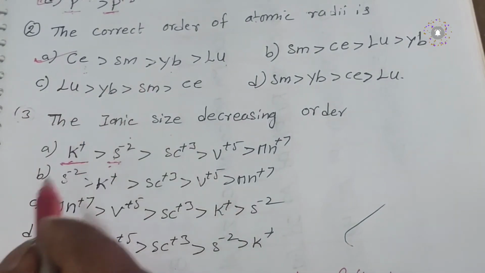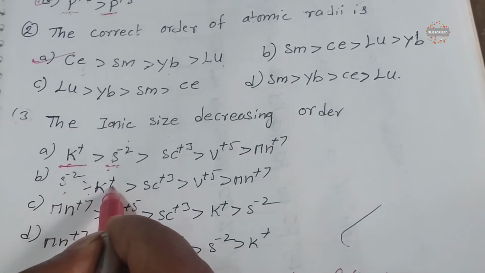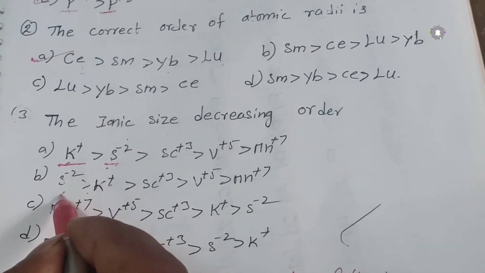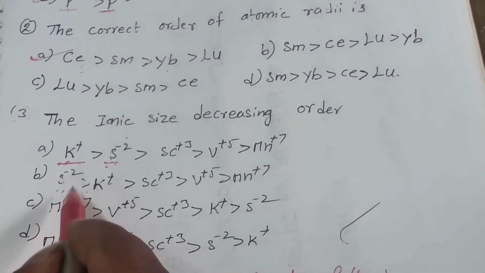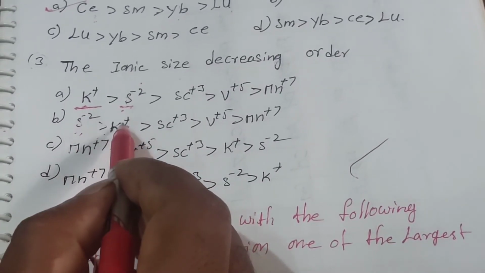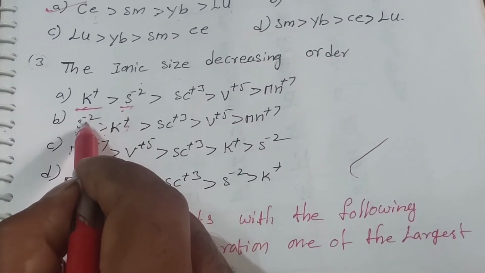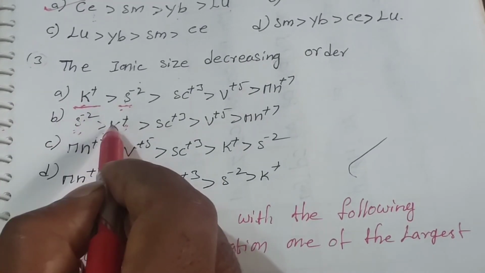So the first option is wrong, and S2- greater than K+ is right. S2- has 18 electrons and K+ has 18 electrons, but compared to the positive charge, the negative charged particle has the bigger size. That's why option B is correct.